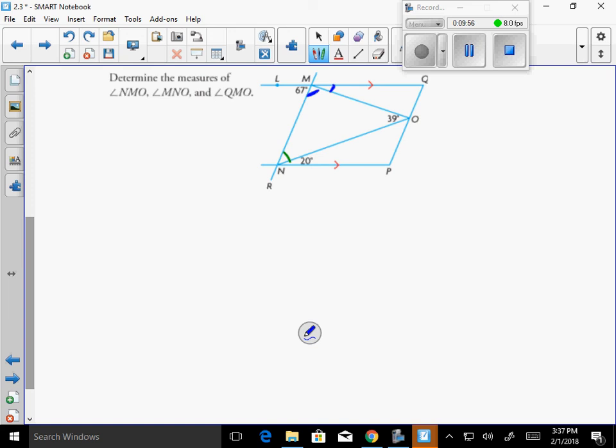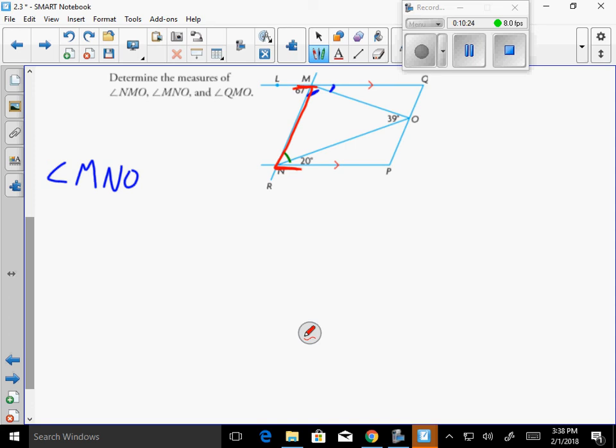So if I look here, let's start with angle MNO. This one here. If I look, I have two parallel lines here. There are my two alternating interior angles.